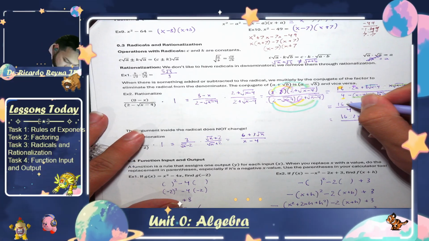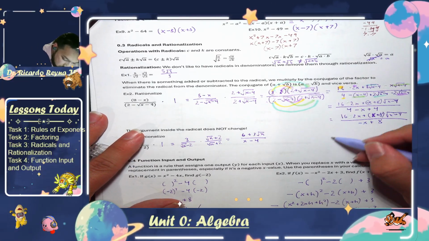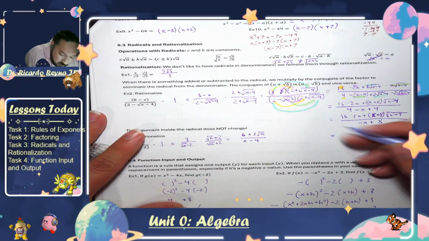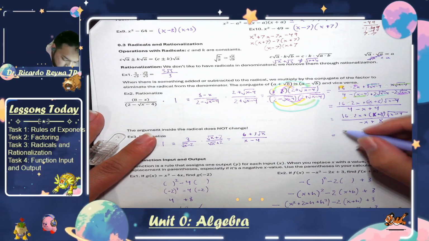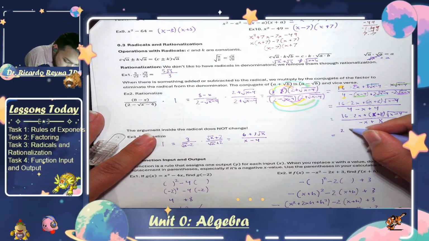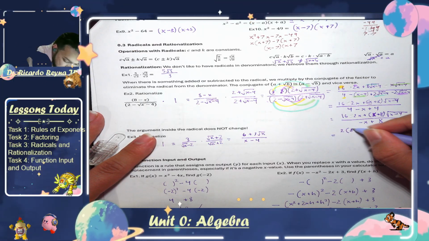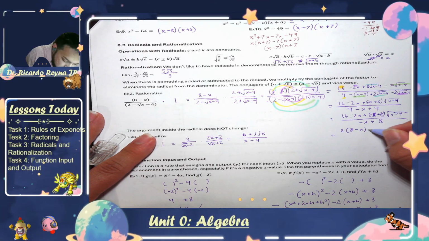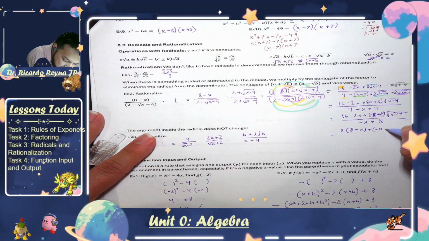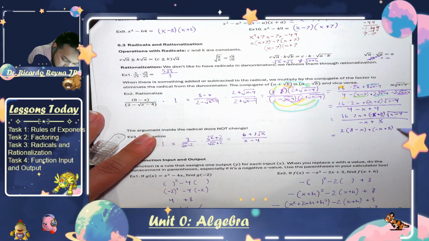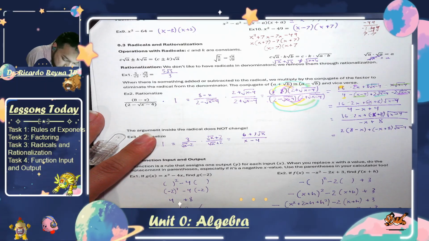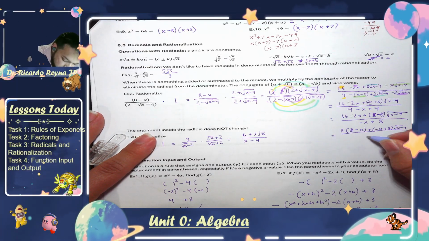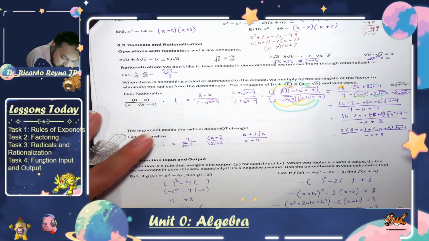So after that, what you should see here is that you can factor out 2. So you'll get 2 parentheses 8 minus x. Here, I forgot to put the negative. Plus negative 8x plus 8 square root of x minus 4 over negative x plus 8.